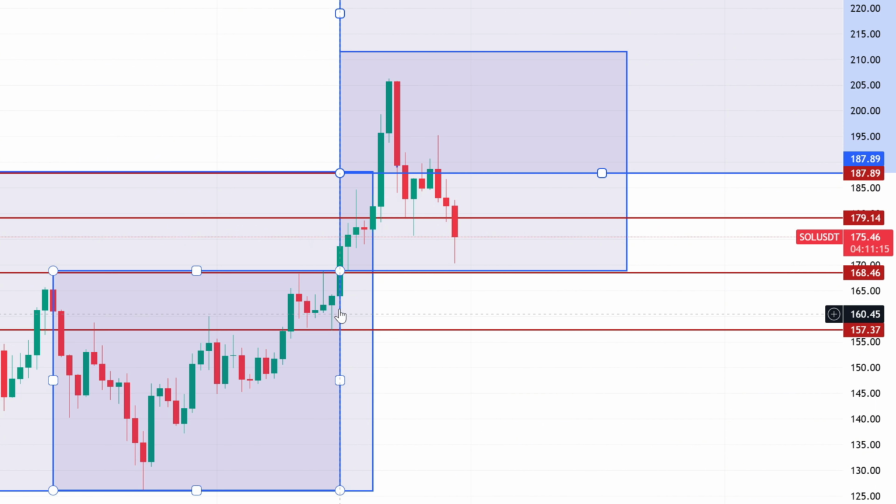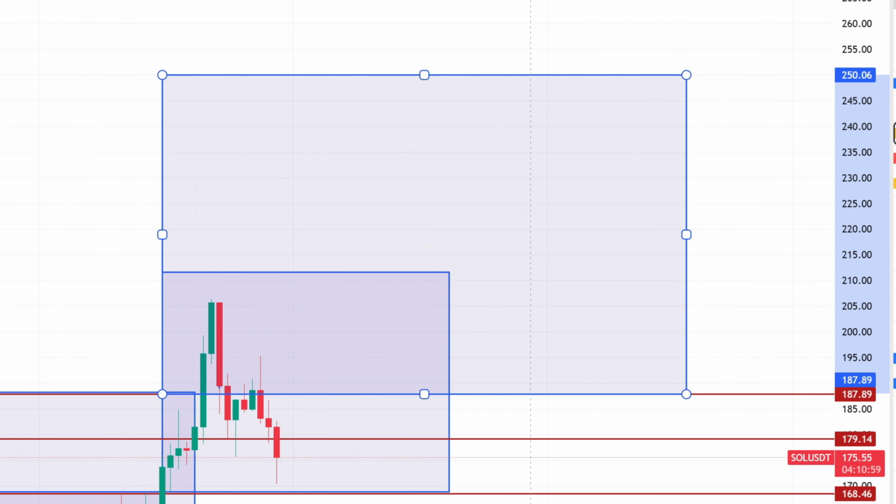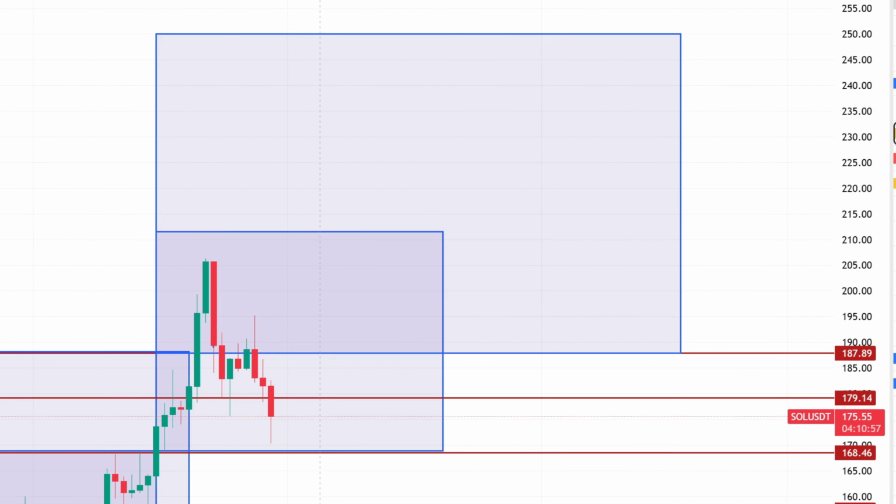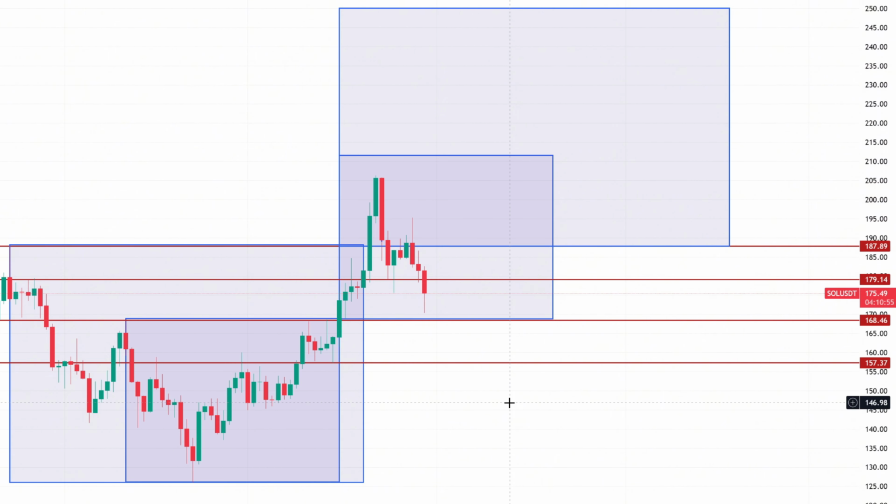You can see this is also the low that we have right here, but it is also the 50% mark of this whole upside move. And if we break this to the downside, just from the balance of probabilities, we can most likely forget about this price target right here, because then it will be cancelled. Then we are looking at something else. So we definitely do not look at $250 till the 18th of September.